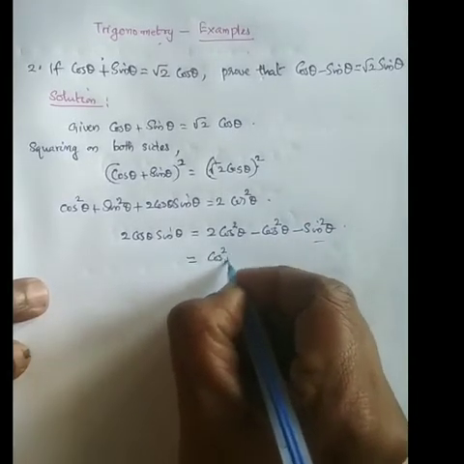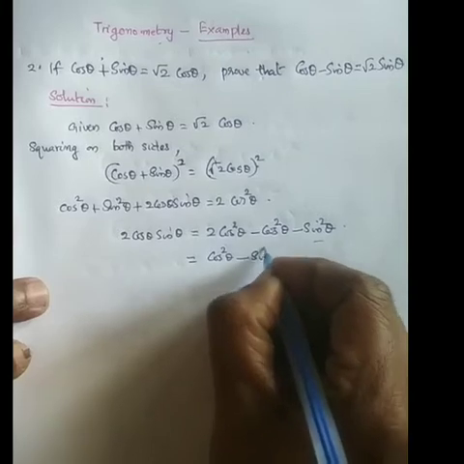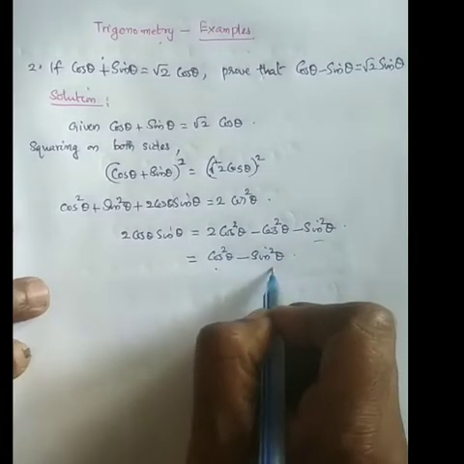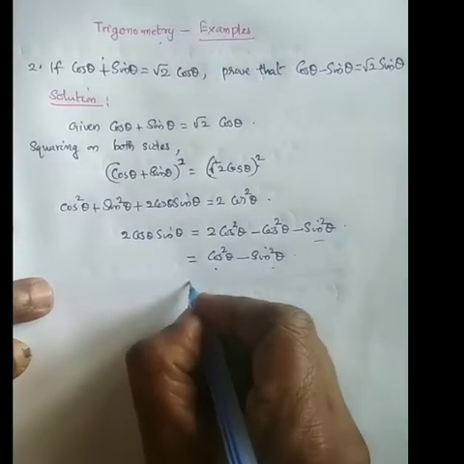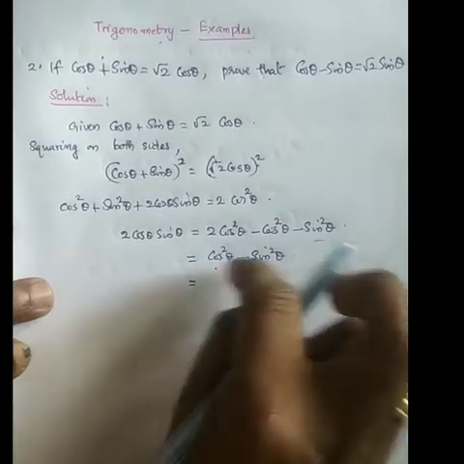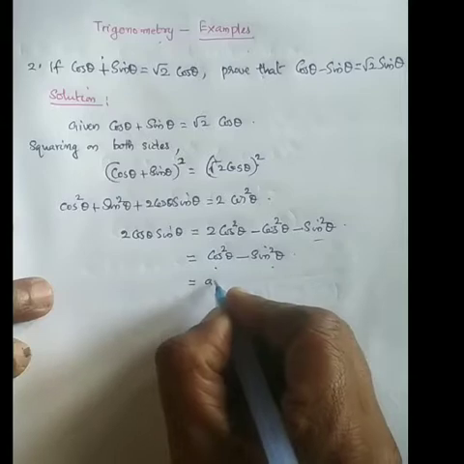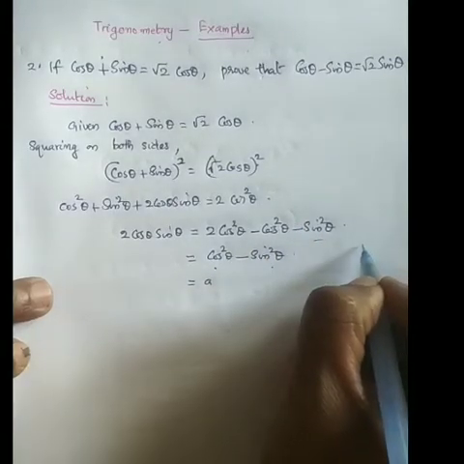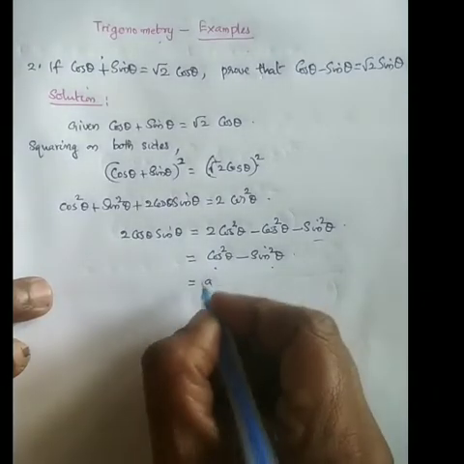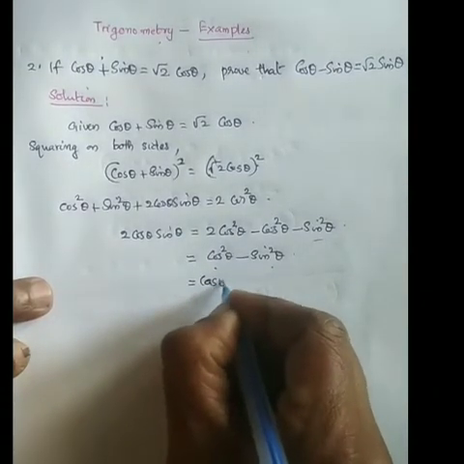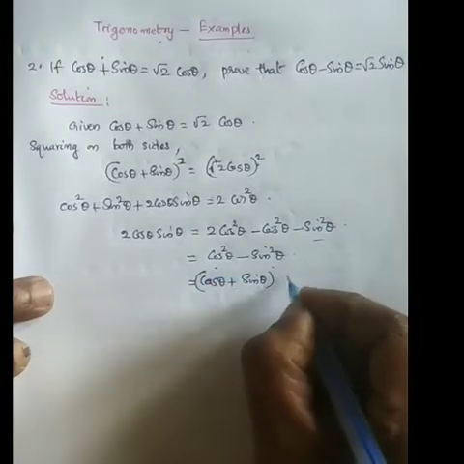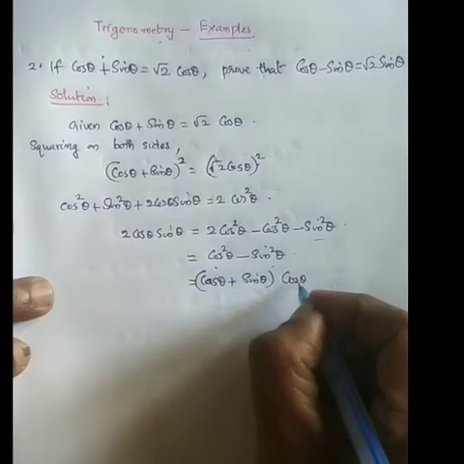Cos square theta minus sin square theta is of the form a square minus b square, and we will split this term like this. A square minus b square is a plus b into a minus b. That is cos theta plus sin theta into cos theta minus sin theta.